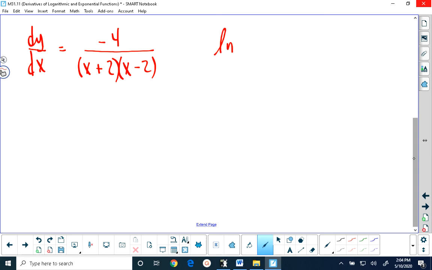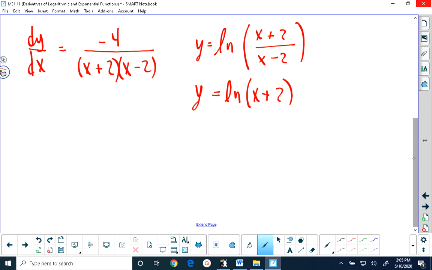I want to show you one other thing here. We were trying to differentiate this expression, y = ln((x + 2)/(x - 2)). Now, using your laws of logarithms, I can write this as the natural logarithm of (x + 2) minus the natural logarithm of (x - 2). A logarithm of a quotient is a difference of logarithms.